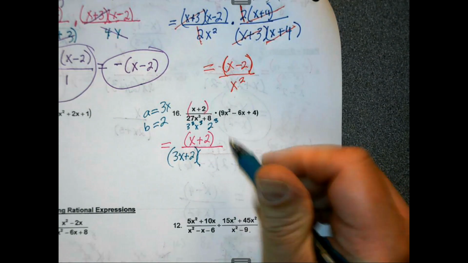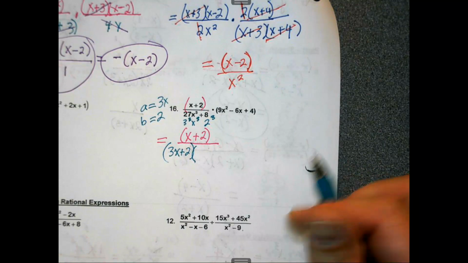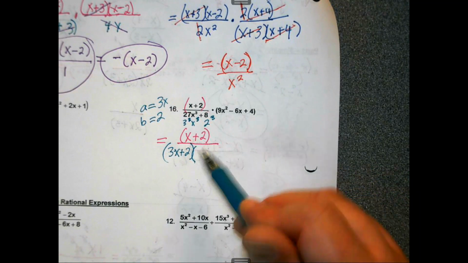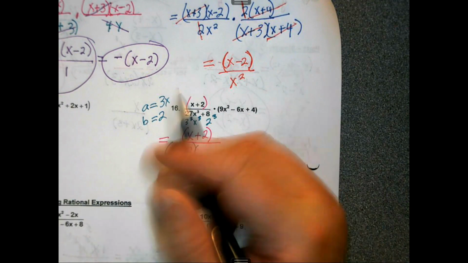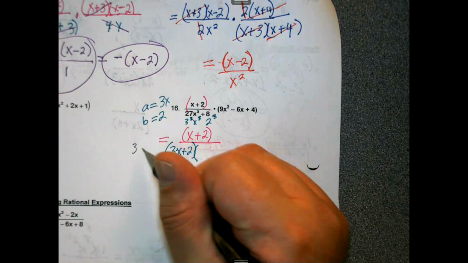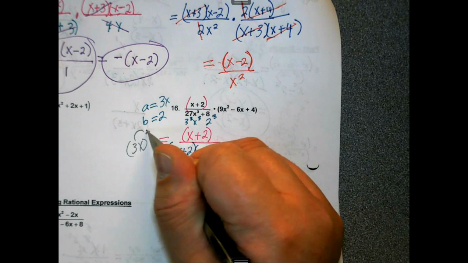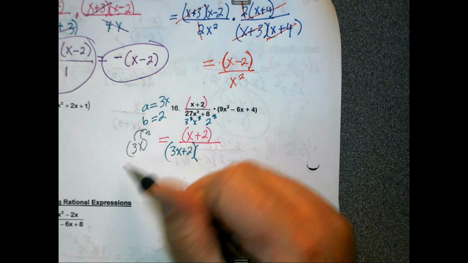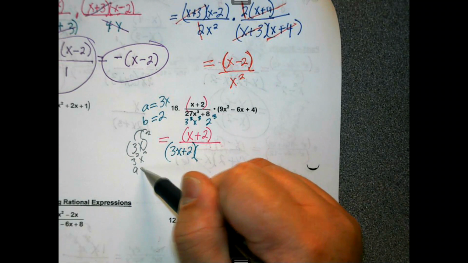times the quantity a squared. A squared. Oh man, this is a long problem. So 3x squared. Don't forget to distribute that too. 3 squared x squared, which is 9x squared.